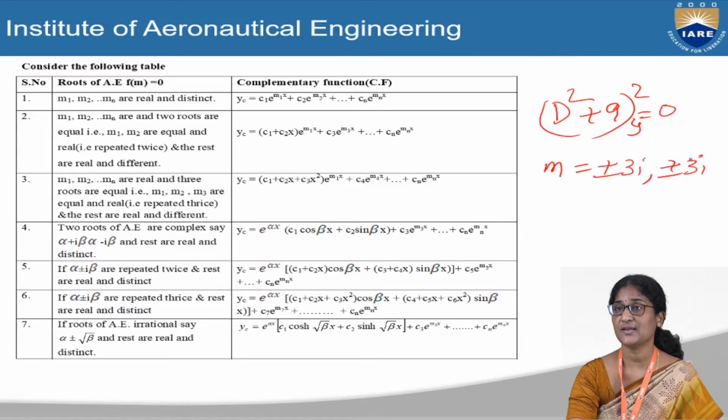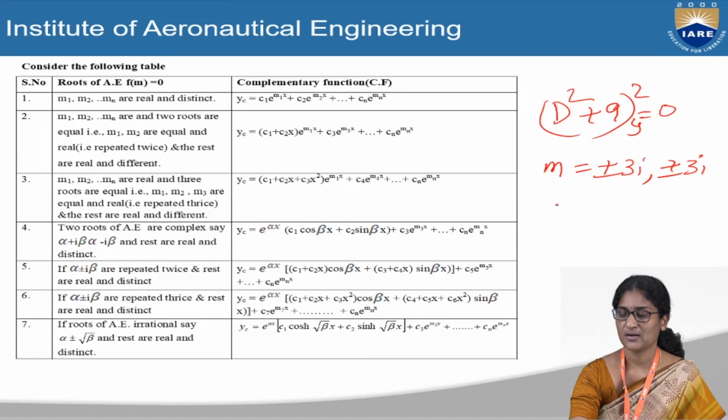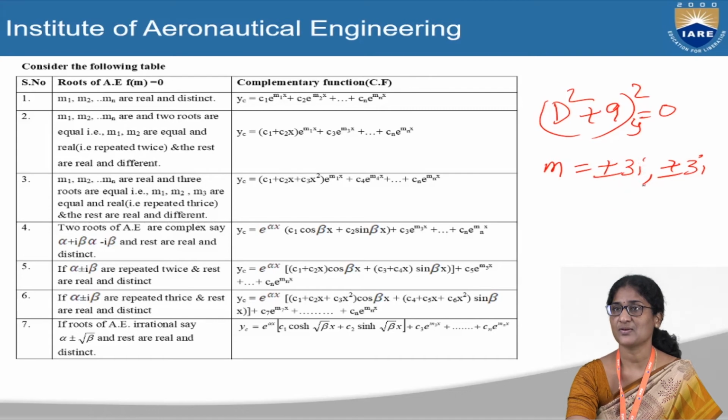Now we have repeated roots. Here we don't have any real part in the complex root. We have only the imaginary part, that is 3i. Sometimes we may not get the real part. There is no rule that we have to get the real part. Even if you get only the imaginary part, it goes as a complex root. Then how to write the complementary function for these 4 complex roots?